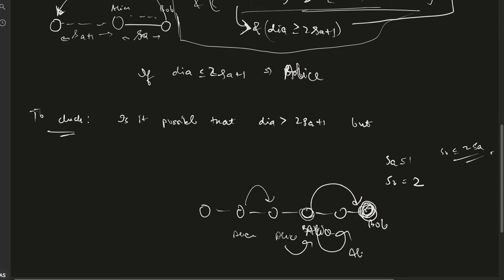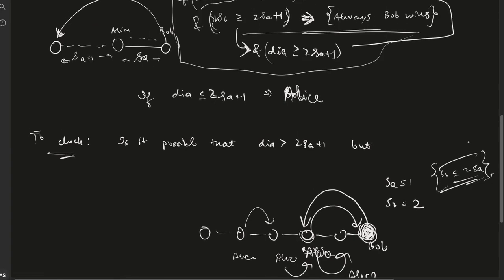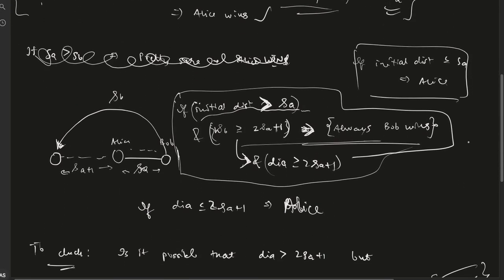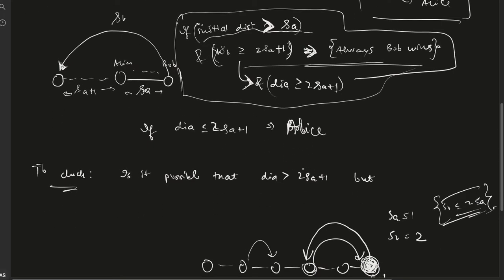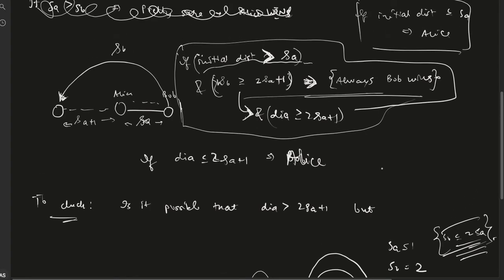Alice moves here. Now, no matter how Bob moves, if Bob moves 2 steps here, or if Bob remains in his place, Alice will anyways be able to win. So, upon doing a bit of casework, you'll be able to see that this leads to failure for Bob. So if this is the case, we can conclude that always Alice wins.